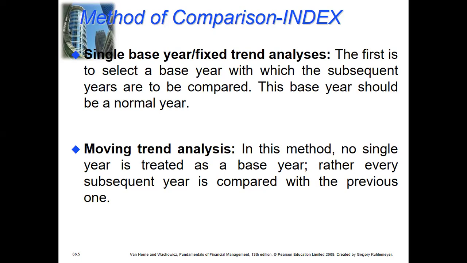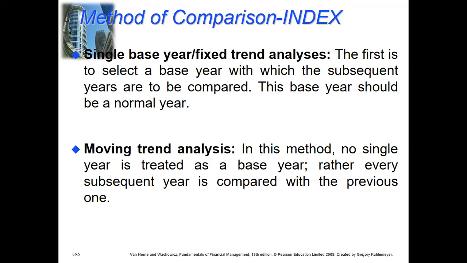Then the opposite is what we call a moving trend analysis. With a moving trend analysis, you compare the current year to just the previous year. So with the example where I had said we may have 2023 to 2020 financial statements, when you pick 2023, you compare it to 2022 figures.